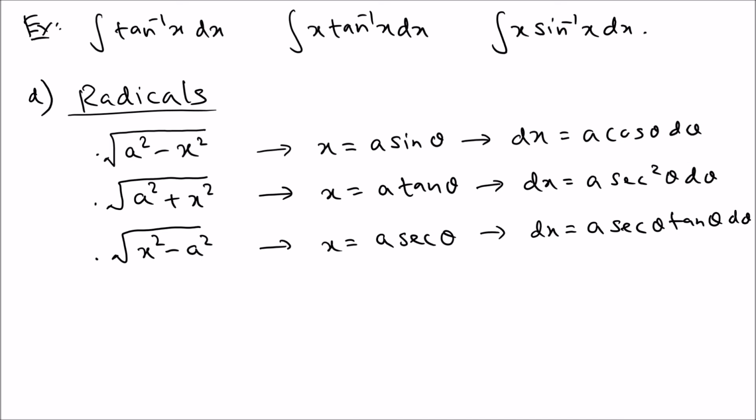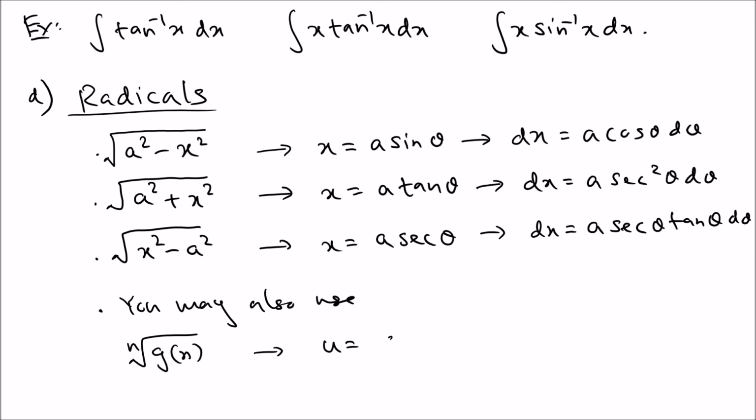And for radicals, we also have a general technique. So you may also use it in general. When you have a term like this, let's say some function to some kind of root, generally you can just pick the smallest root as the u function.